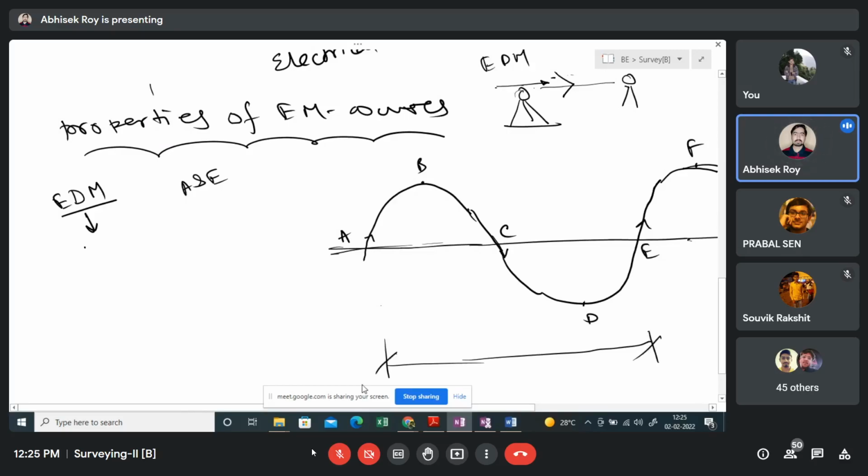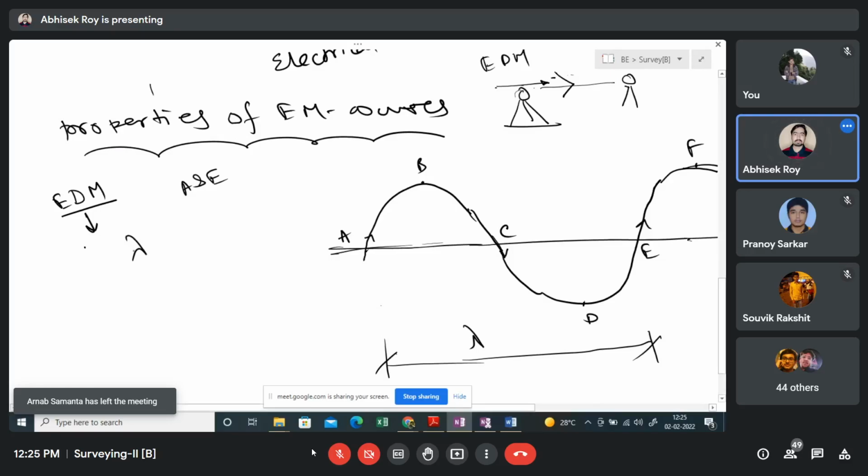So A and E are identical points, and the distance between them is known as what? Wavelength. The wave will complete a cycle if it moves from A to E. One wavelength is basically when it completes one cycle.